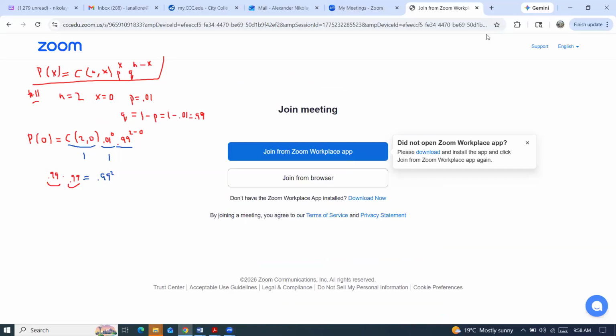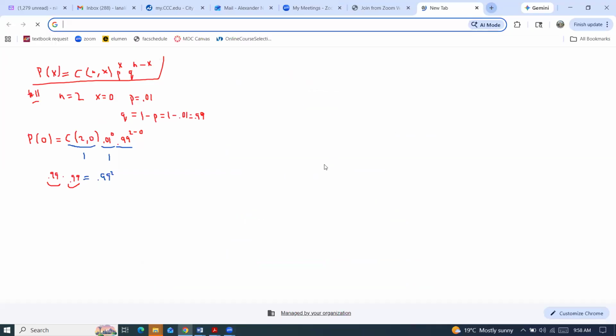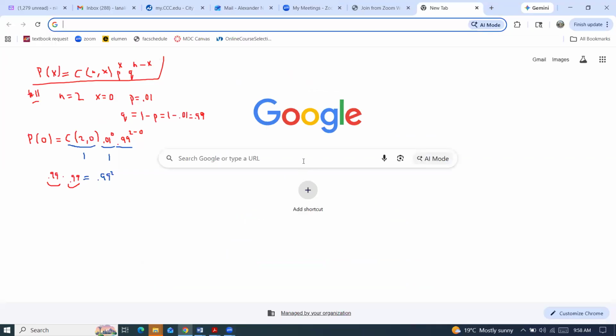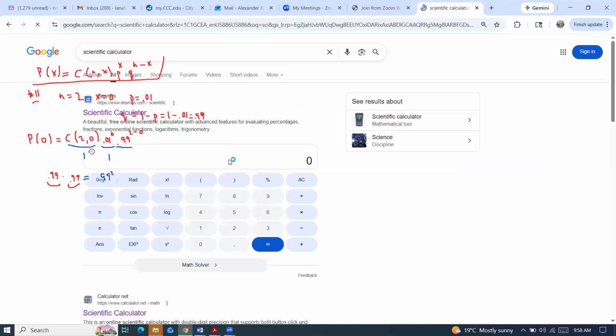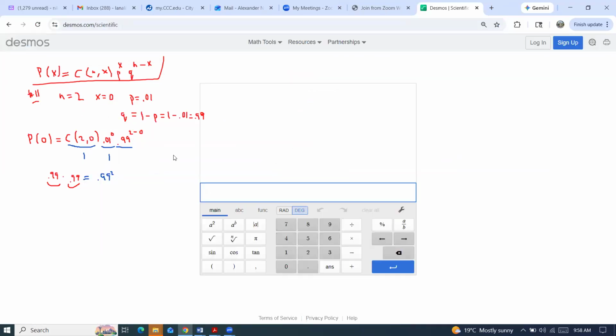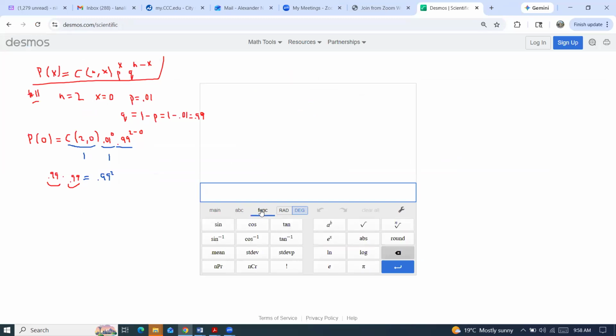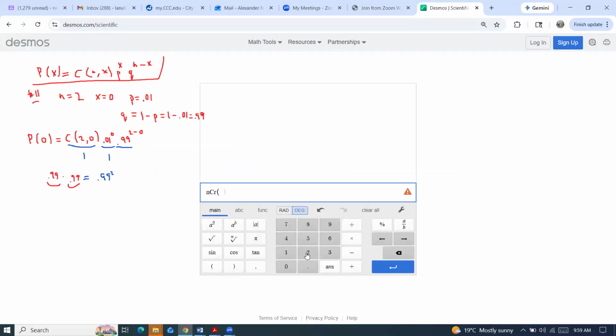So let me go for my scientific calculator here. Scientific. And try to put in combinations 2 comma 0, which is going to be 1. And we'll see it now. So combinations, remember how to put them in, 2 comma 0.